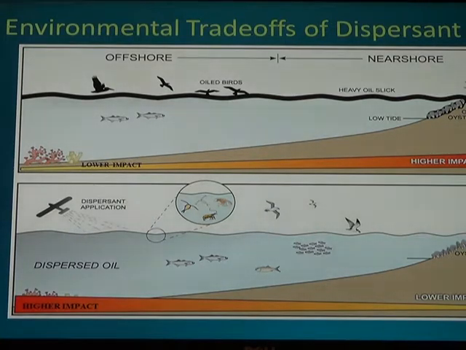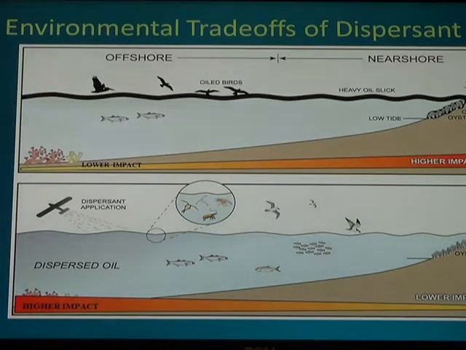And if you leave it on the water surface and it moves toward the shore, then you're also going to have near-shore impacts. And once you have near-shore impacts, then you have to start thinking about how you're going to clean that up and remediate those impacts. But if you disperse it offshore, you also potentially have impacts offshore from that dispersed oil affecting things that are in the water column.